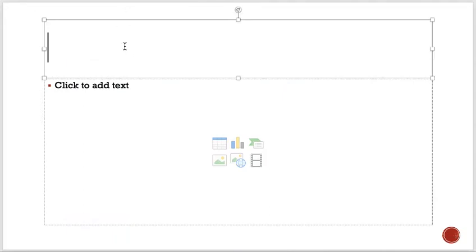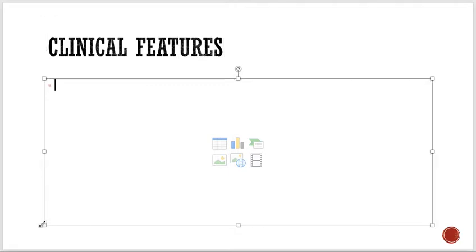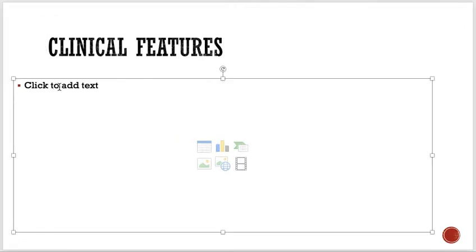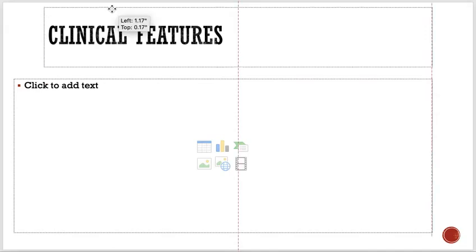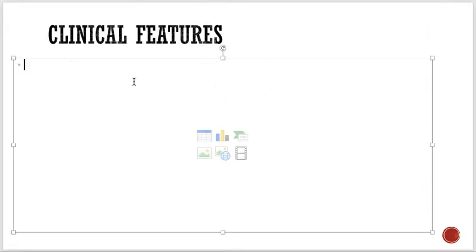So what are the clinical manifestations or the clinical features of this condition? Ascaris lumbricoides is a very widely present infection. Most of the people who have this infection are asymptomatic.